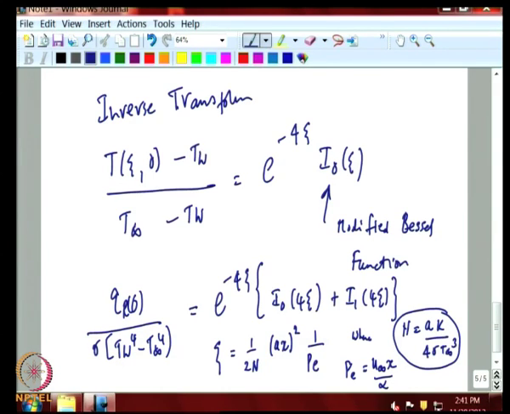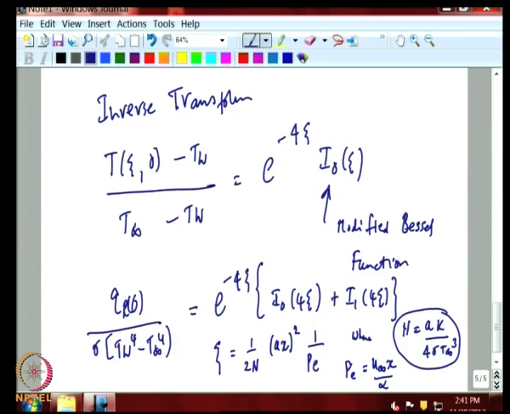So, this is a more general result valid for all psi, and so you can look upon the result which we got in the last class as a special case of the result here, which is a general solution which combines Laplace transform and the kernel approximation to get the solution valid for all psi.